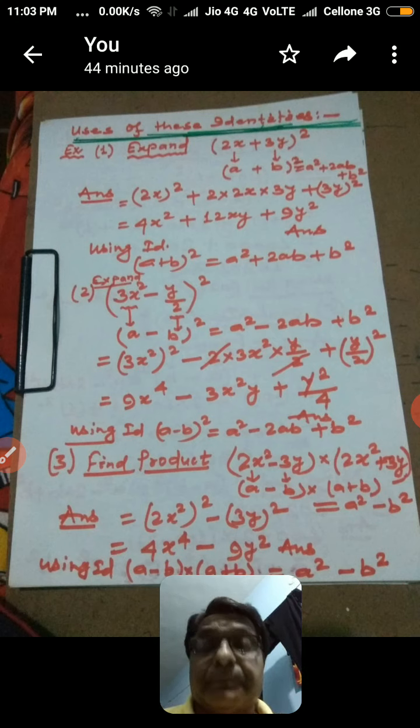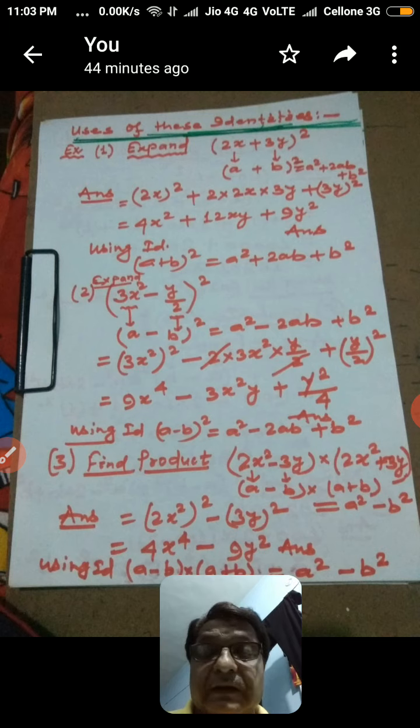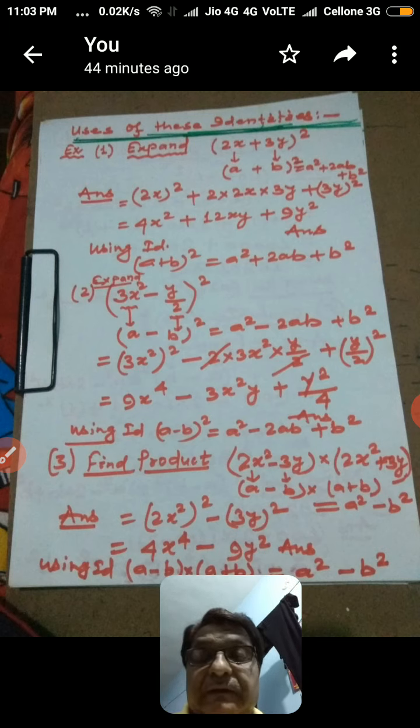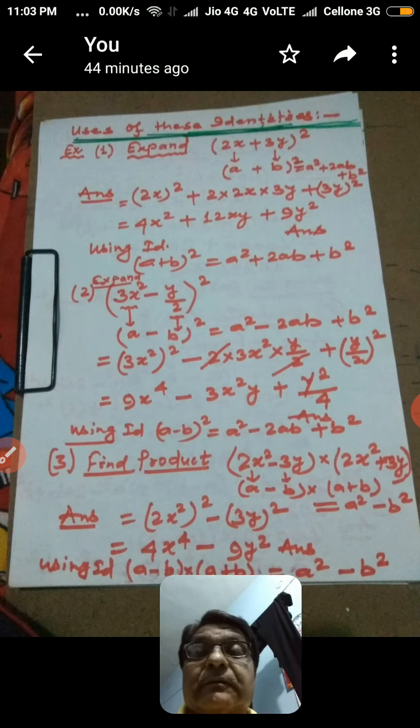You see, by putting an arrow there, 2x is shown by a, whereas 3y is shown by b, and in between them there is a plus sign, so we write plus. Then there is a whole square, so by closing the bracket we put whole square. Now our question (2x + 3y) whole square is read as (a + b) whole square.